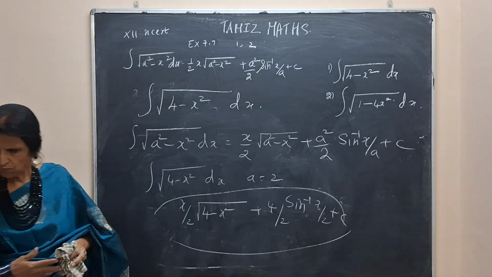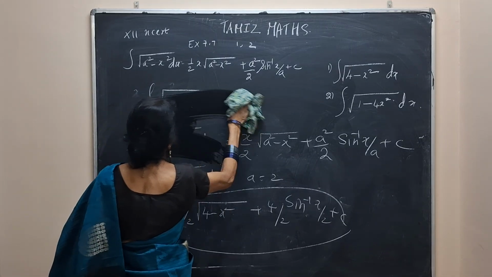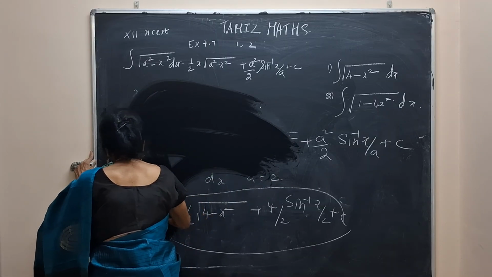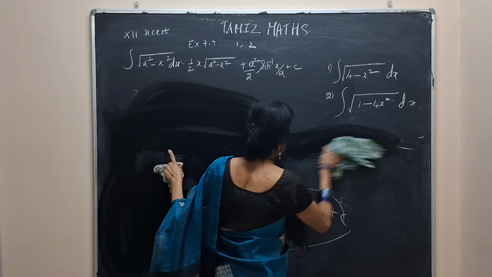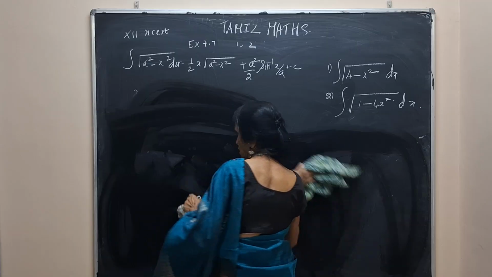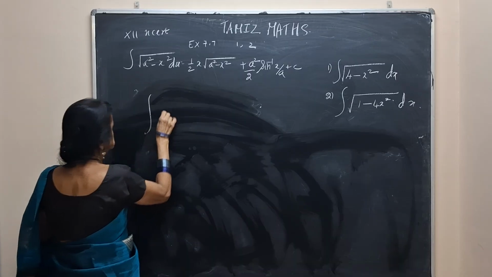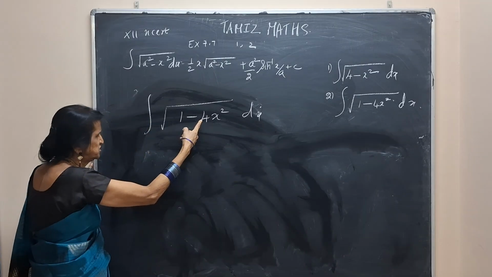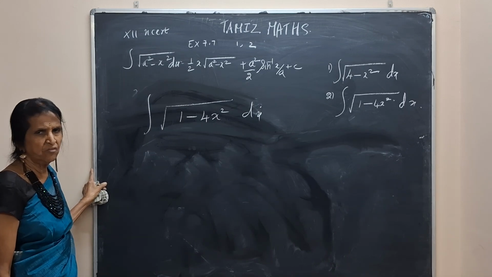Problem 2. Integrate. If you want, you can do one thing: you can even take this 4 outside, so that 1 by 4 will come here, and that will be half whole square.